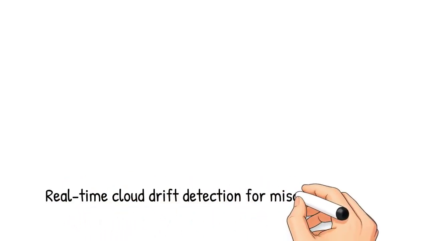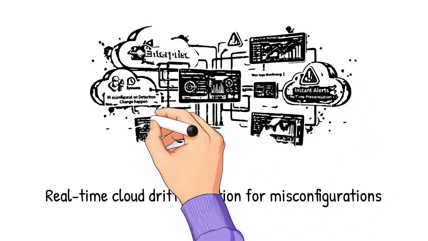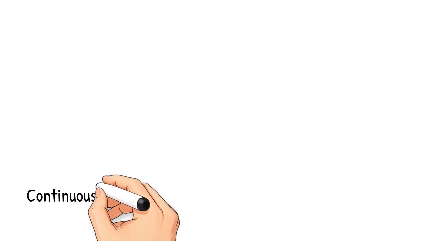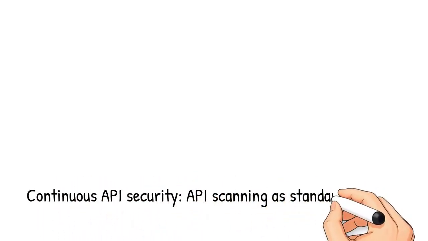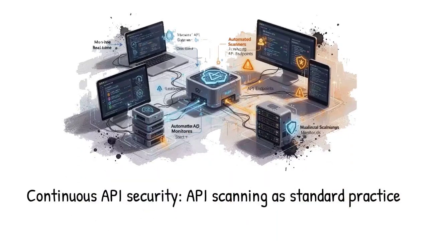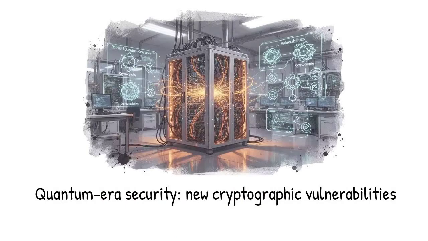Real-time cloud drift detection. Systems will detect misconfigurations the moment they occur. 5. Continuous API security. API scanning will become as common as network scanning. 6. Quantum era vulnerability models. New cryptographic vulnerabilities will emerge as quantum computing advances.